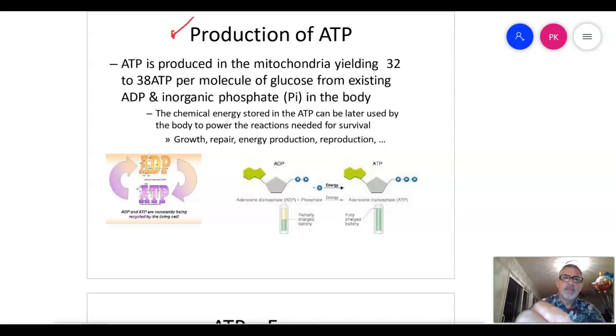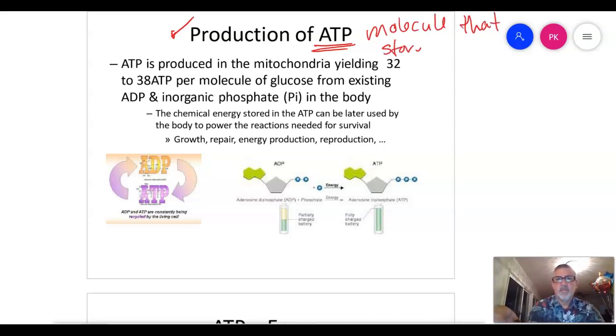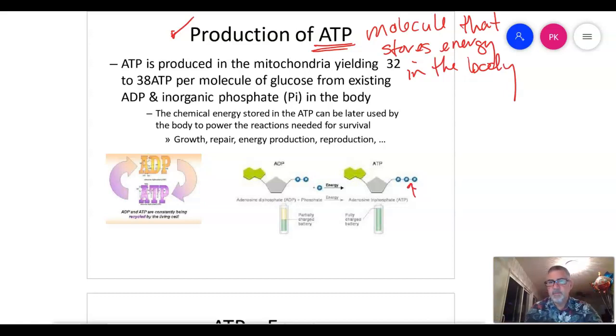ATP is, as we've already talked about, the molecule that stores energy in the body. And the energy is found in the bonds between the P.